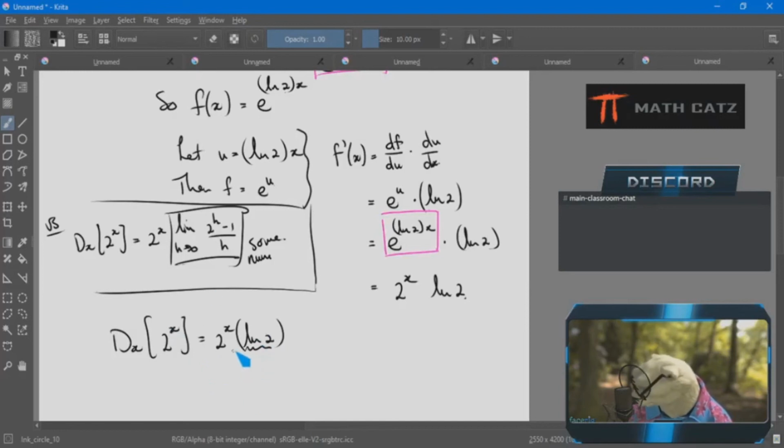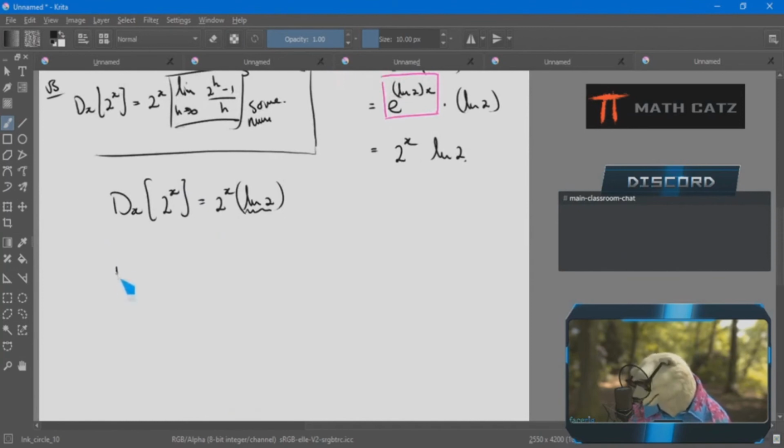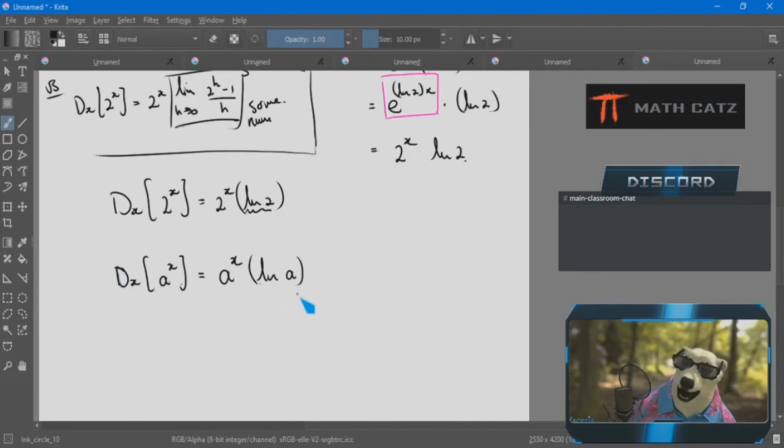So it is quite simple in its final form: if I have any base, then it is the same exponential function times the natural log of that base. So the rate of change of these exponential functions are scaled in a way that's linked to the natural log function. It's weird, but it's cool.